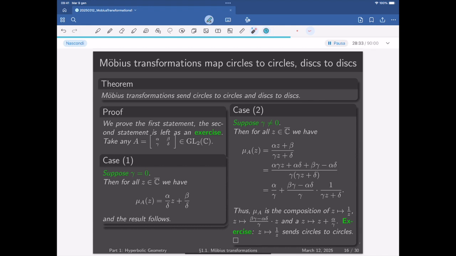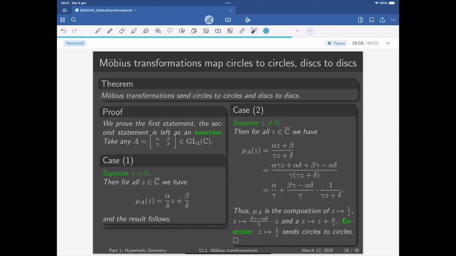I don't quite remember, but there are some books that really do the entire computation: if you have something that satisfies the equation of a Euclidean circle, then you look at the image and complete squares and so on. That's the long road, and there's the easier road.